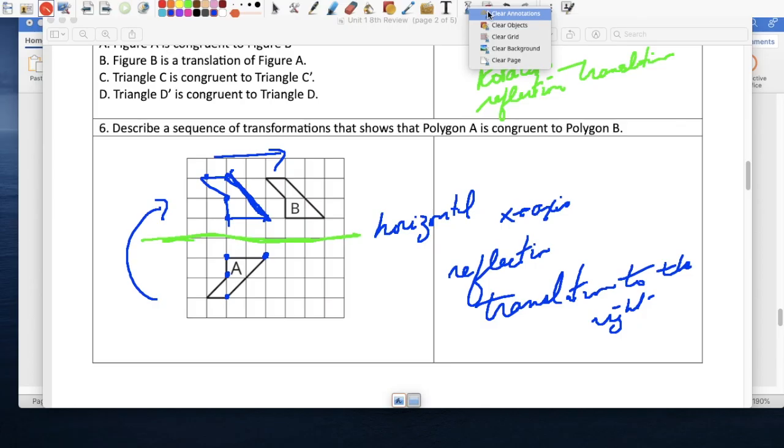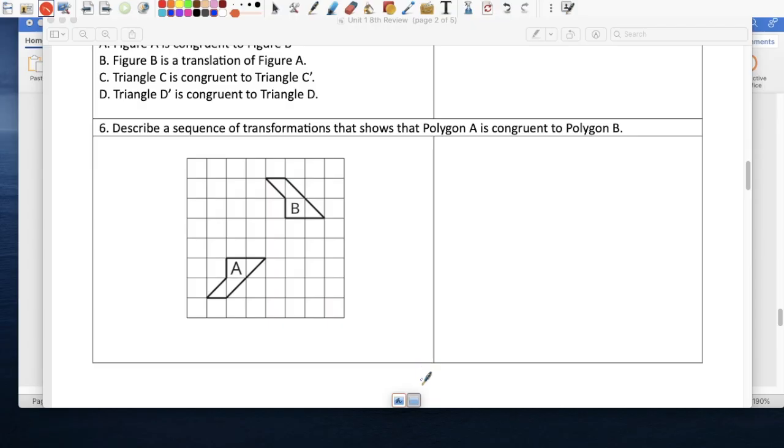That's what you need to write down to prove that this guy ended up at B. By reflecting over a horizontal line and then translating, A would be exactly on top of B, proving that they're congruent.